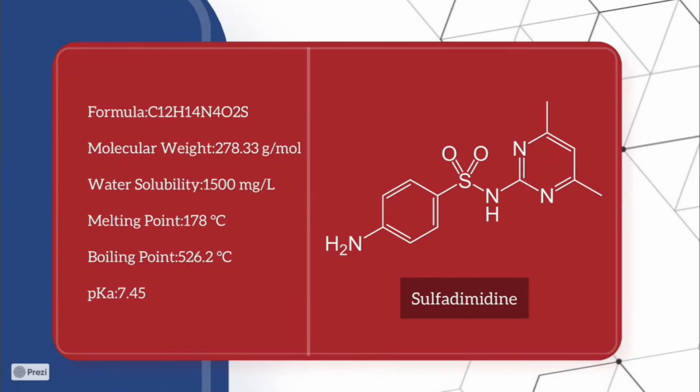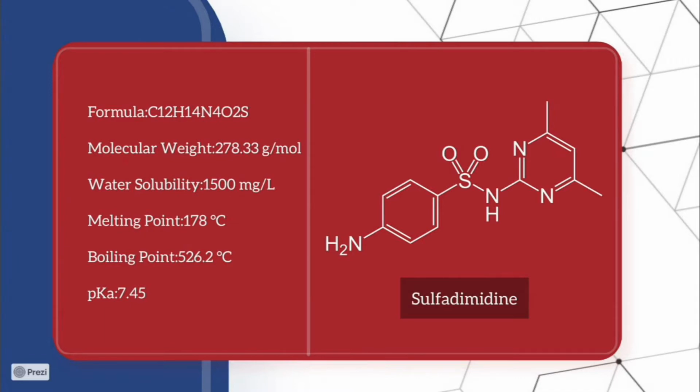As for our next example, we see that sulfadimidine has the pyrimidine as a side moiety, which is very miscible in water. As we can see, the water solubility for sulfadimidine is double the water solubility for sulfanilamide.